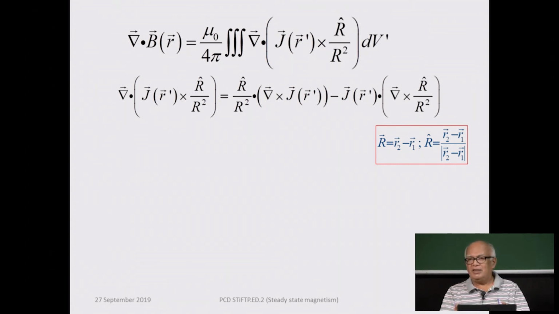Gradient is not a vector, it is a vector operator. So you have del cross J, but J is at the source point and the gradient is taking differentiation with respect to field points. So these are independent, and del cross J(r') will go to 0, right, because the current density at the source point has nothing to do with how you change the field point.